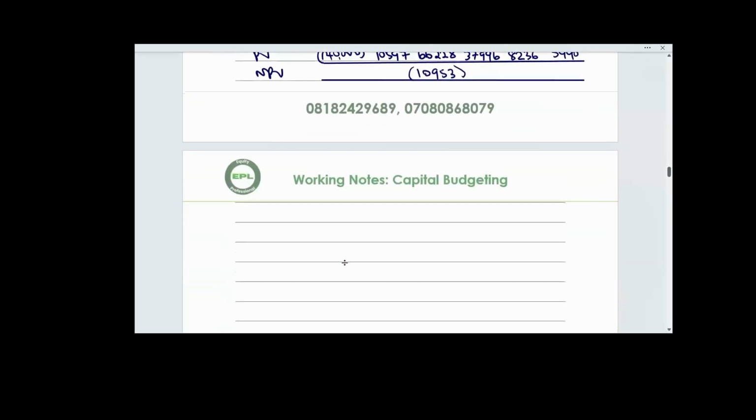At this point, we calculate the IRR, the internal rate of return, equal to the lower discount rate of 11% plus the NPV of the 11% rate, which is 955, over 955 plus the NPV of the higher rate of 15%, which is 10,953, all multiplied by the difference between 15 and 11, which is 4. So IRR equals 955 divided by the sum, multiplied by 4, then plus 11.